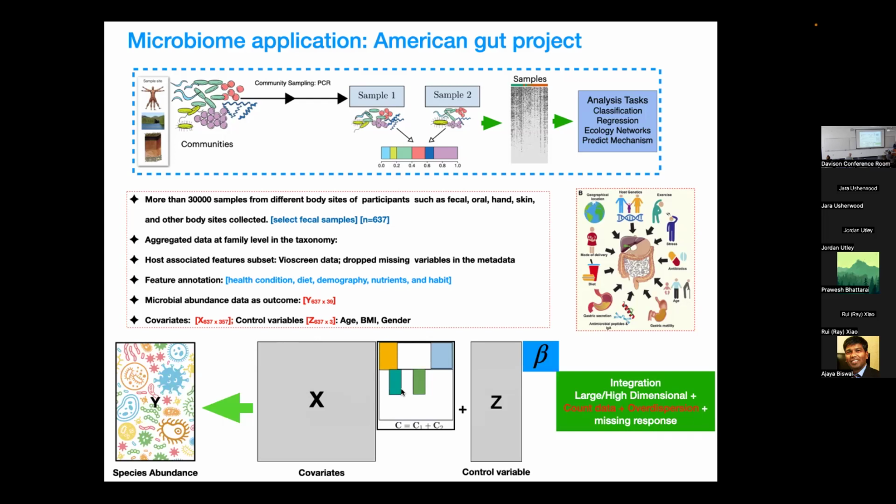Obviously with microbiome data sets, there are a lot of challenges. I'm not saying that I'm solving all the problems, but in this particular data set, in a larger multivariate framework, I'm trying to address the challenge of count data sets which are over dispersed. So we mainly focused on these two attributes of the microbiome data sets, and that is one of the main reasons we aggregated data at the family level, because we are not solving the sparsity problem in this methodology.